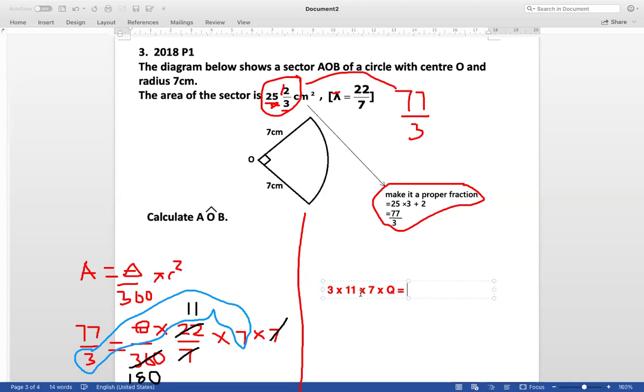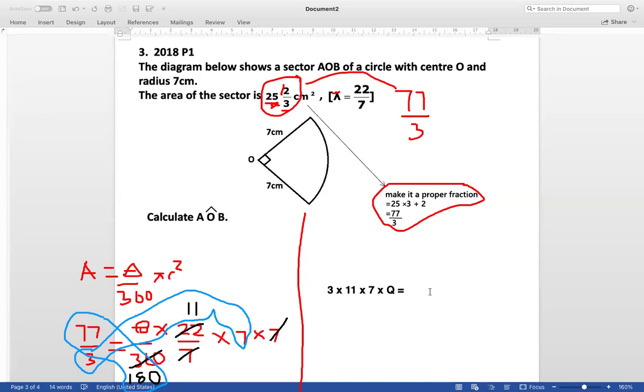Allow me to use Q for theta because I don't have a theta on my keyboard. And then we now multiply the other entities. The other entities are actually the 77 as well as 180.